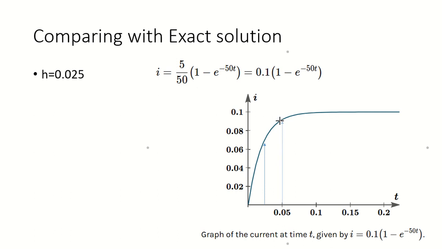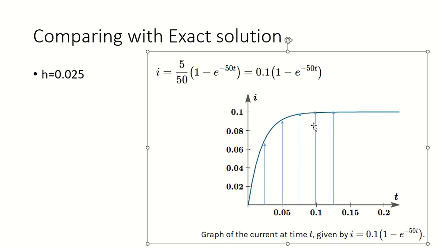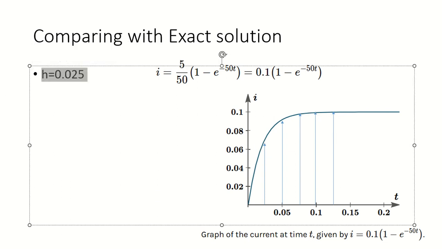If you approximate to 0.09 something, in between we're going to estimate one more point here, and one more point here. And lastly we're going to get the same value at time equal to 0.1. So this is what we're going to estimate, and this is our step size.